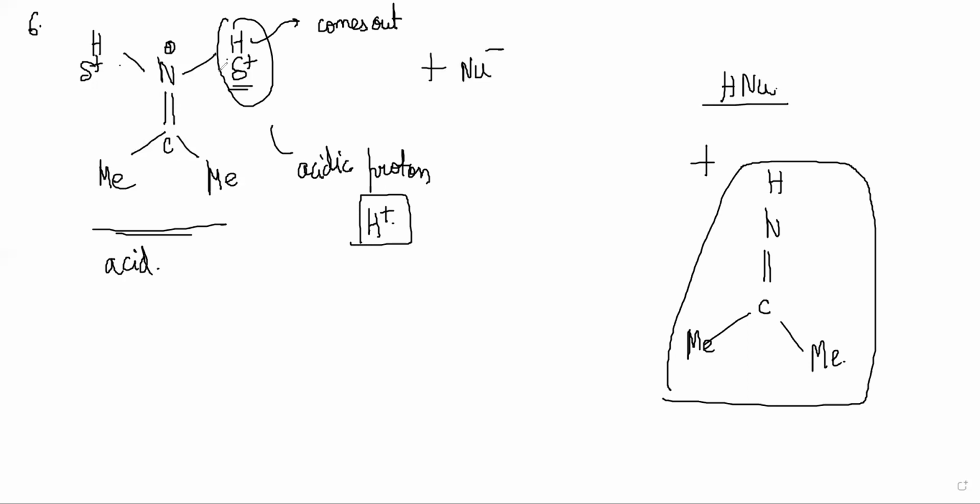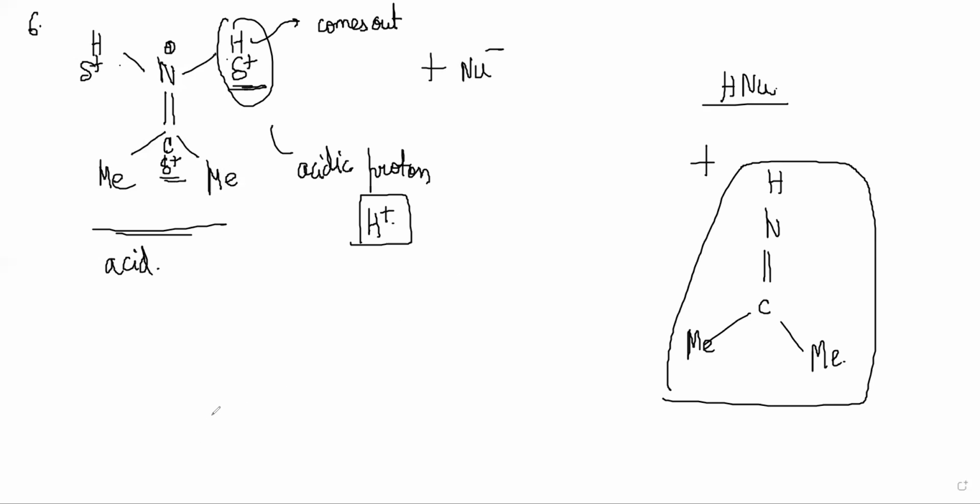The other possibility is the carbon being the place where a nucleophile can come and attach, because this is an electron-rich pi bond. Between carbon and nitrogen there will be a chance of this being positive, just like we could say that here there's a chance of this being slightly positive.